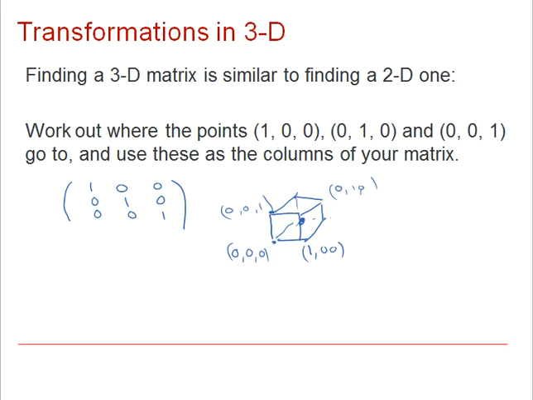So just to try and clarify where the axes are, we've got Z, we've got X, and then Y is sort of going back into the page. They're all perpendicular axes.